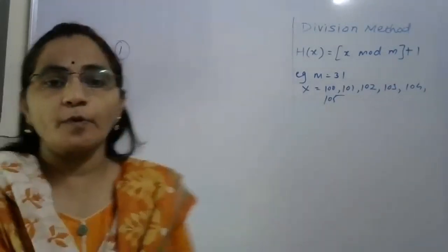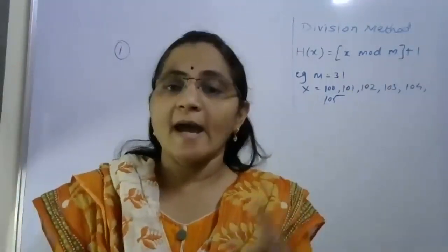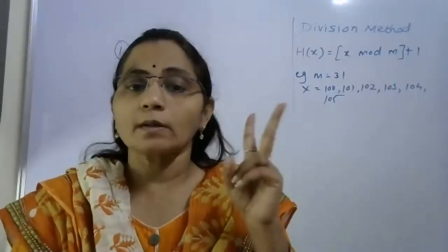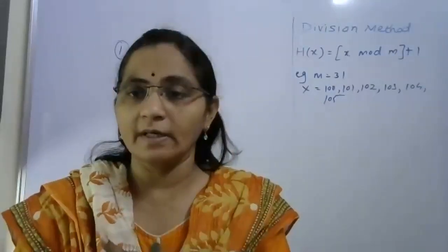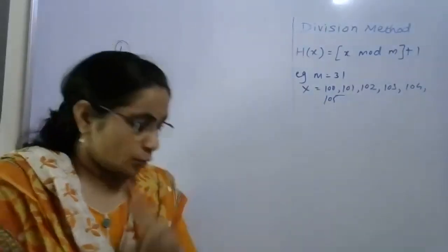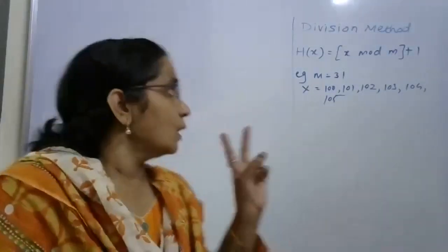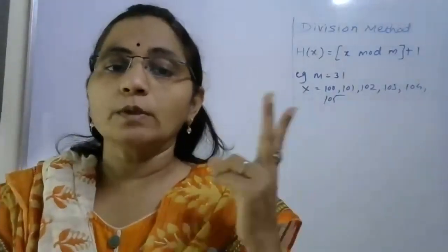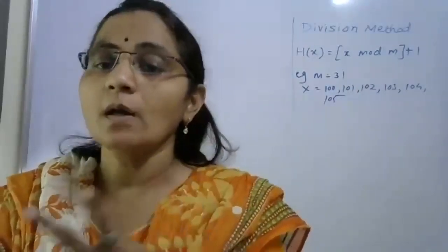The first important property is that your hash address is generated unique. It means for two non-identical identifiers, it generates different addresses. For two different identifiers, two different variables, the hash address should be different.